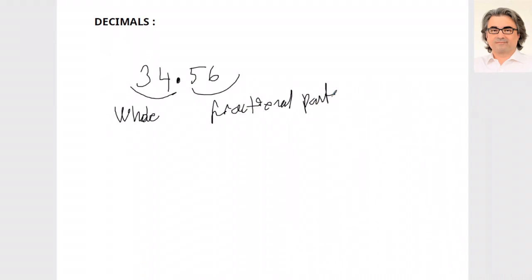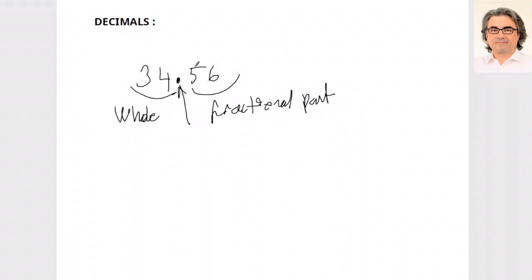Whole and fractional part, and in total it's called a decimal. The meaning of digits in the whole part is the same as I told you before in the first section, but after the decimal point, I have the fractional part, and this 5 and 6 also have some important meanings.